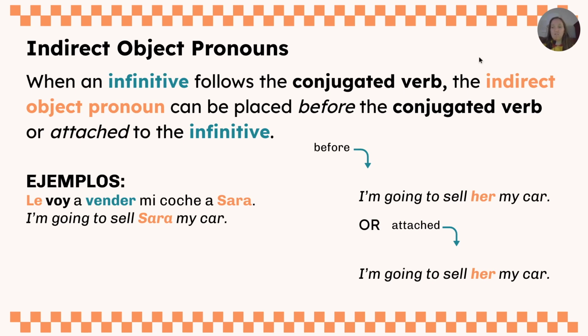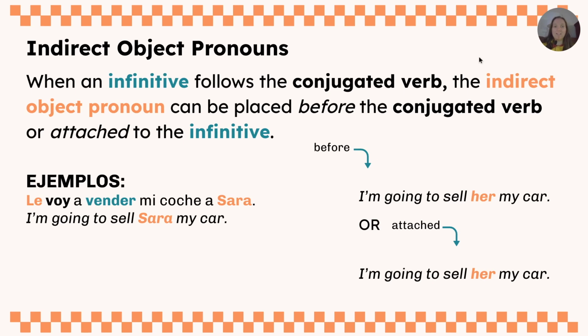Our conjugated verb is voy and our infinitive is vender, meaning to sell. We know that le is going to replace Sarah because we see le accompanying Sarah in our initial sentence. So now let's try replacing Sarah with le in order to say, I'm going to sell her my car.